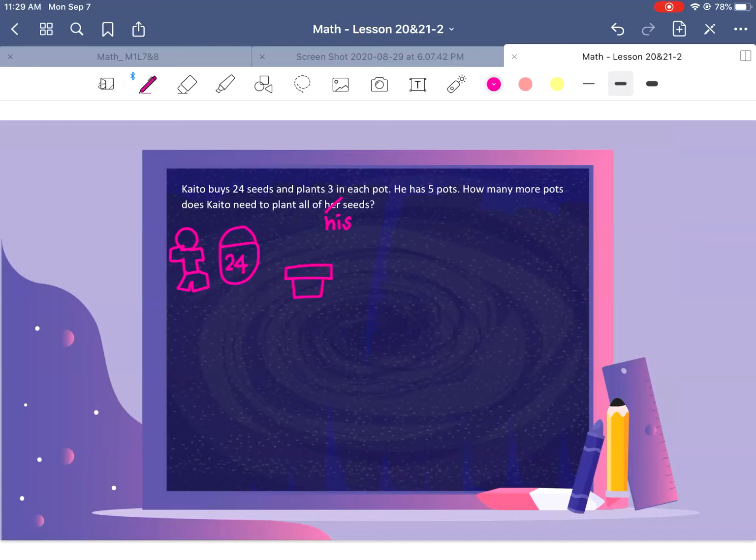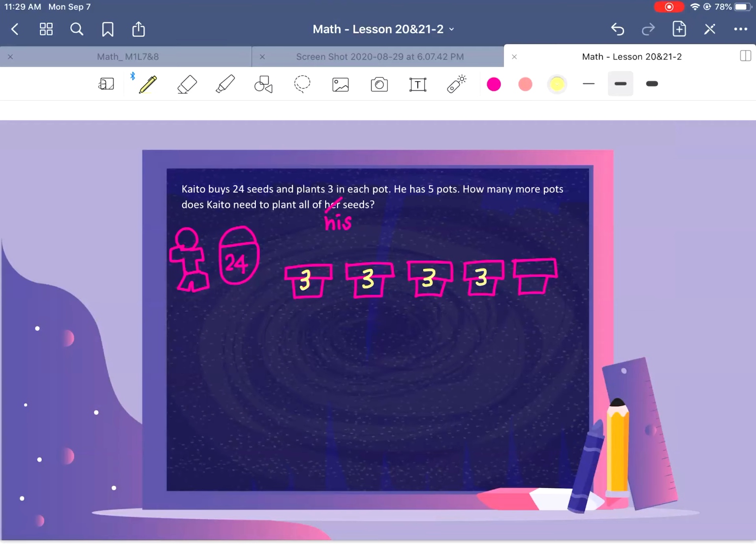And he's going to plant 3 seeds in each pot. And he has 5. So we need to figure out, so we know that he doesn't have enough to plant all 24. Then how many more pots does he need to buy?